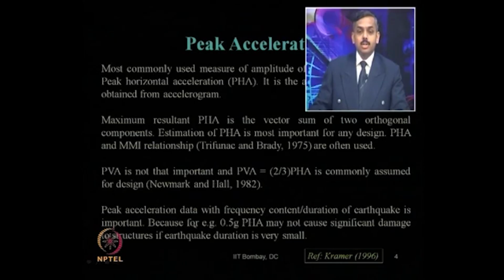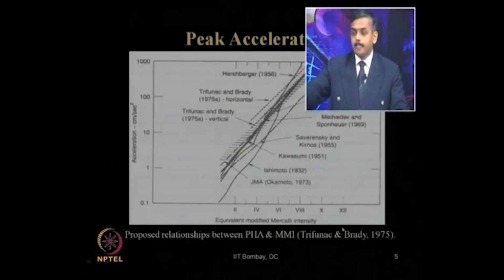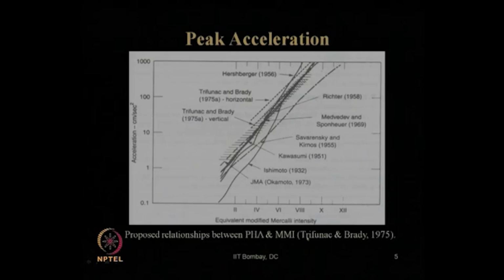And peak acceleration data with frequency content and duration is more important, because we have seen that it is not necessary that only the PHA value will be more important. It is also necessary to know how much is the frequency content and how much is the duration of an earthquake. Then we have seen the relationship between PHA versus MMI and PVA versus MMI.